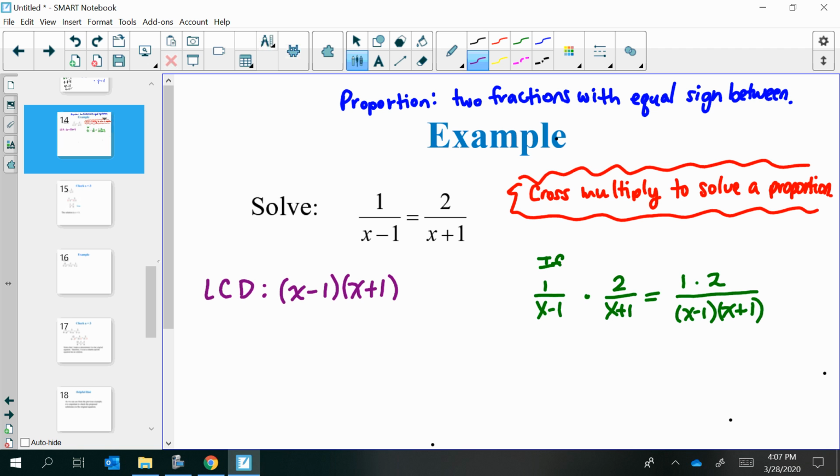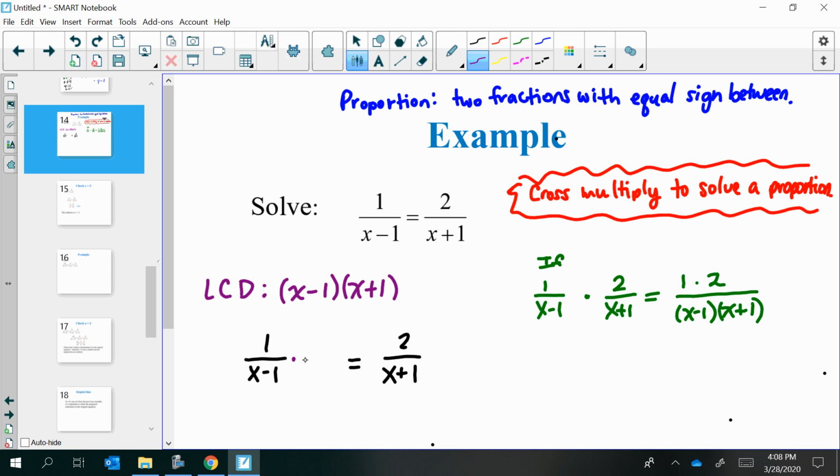So when I take the left side of the equation and multiply it times the LCD, you can see that the x minus 1 factor is going to cancel out. And when I multiply the LCD onto the right side of the equation, you can see that the x plus 1 factor is going to cancel out.